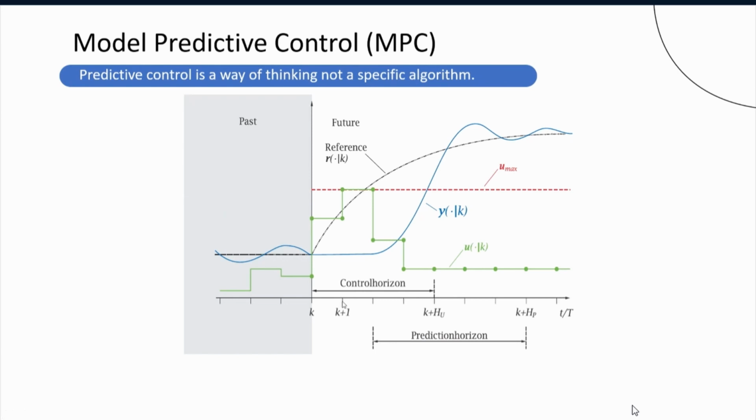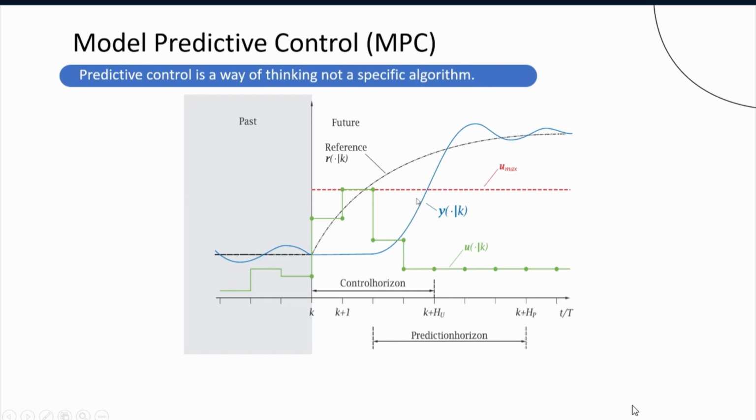So I do all the calculations and simulations again, and pick the next control action, and so on. So this is mainly our model predictive control behavior, and it is, as I said, dealing with different constraints.